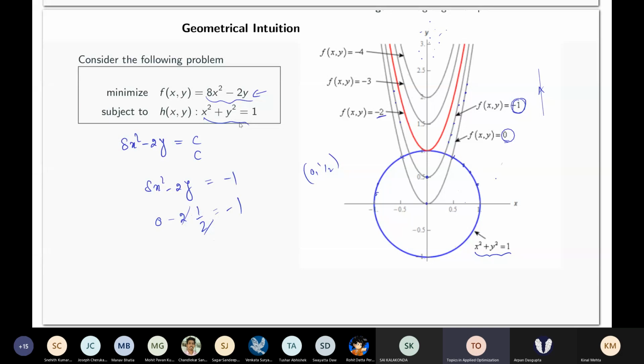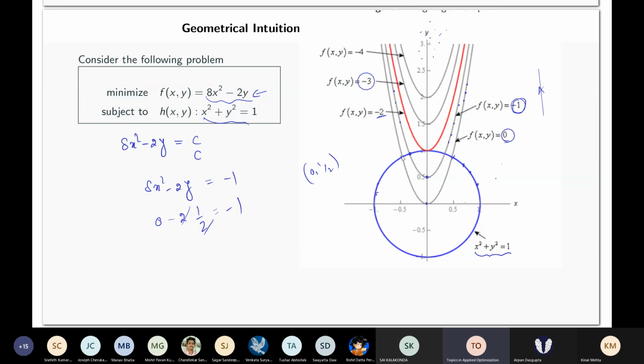So this is now more like a combinatorial problem. What do you do in this case? There are indeed level curves that give me a lesser value, and they do intersect at some point on the circle.